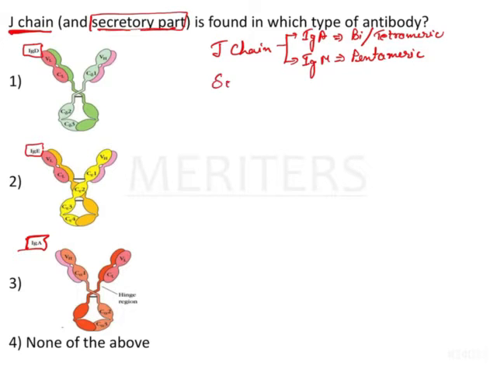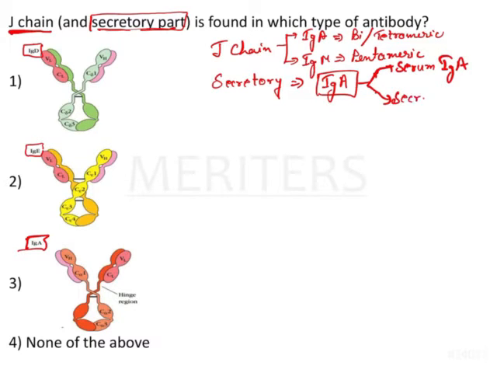Now this secretory part is found along with the J chain in your immunoglobulin A. Basically there are two types of immunoglobulin A. One is your serum IgA, and another is your secretory IgA.